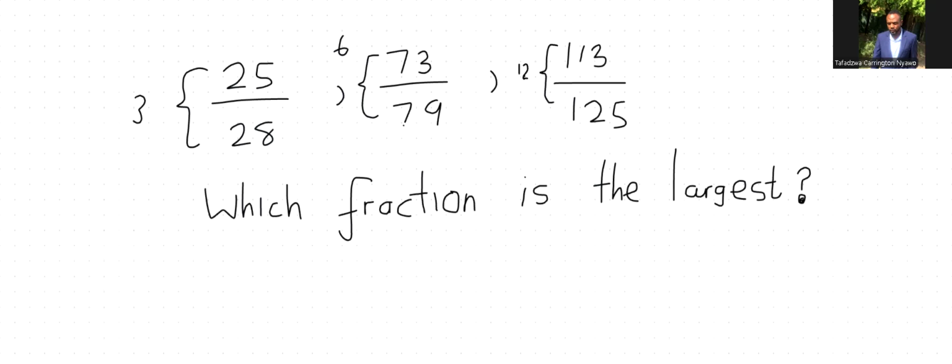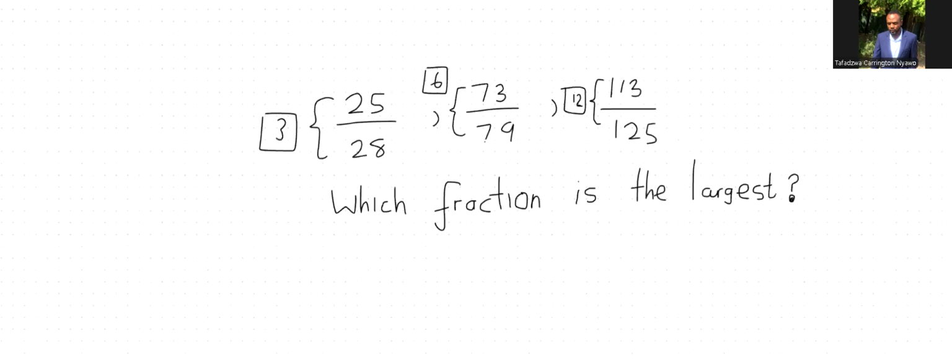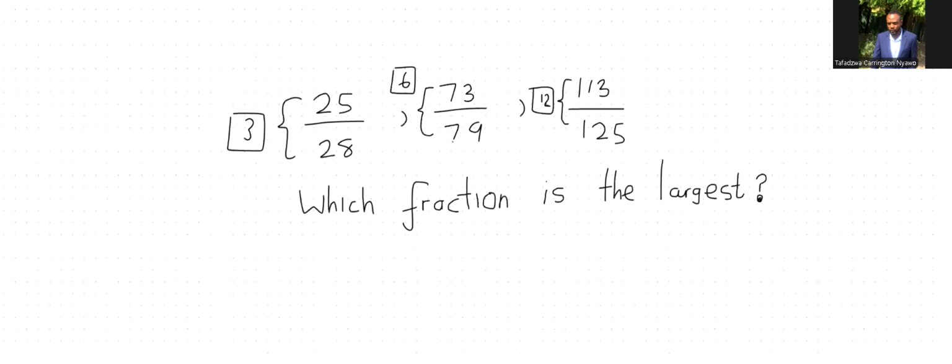Now, I then take these answers that I got when I subtracted the numerator and the denominator. So the first fraction, 25 over 28, the difference is 3.